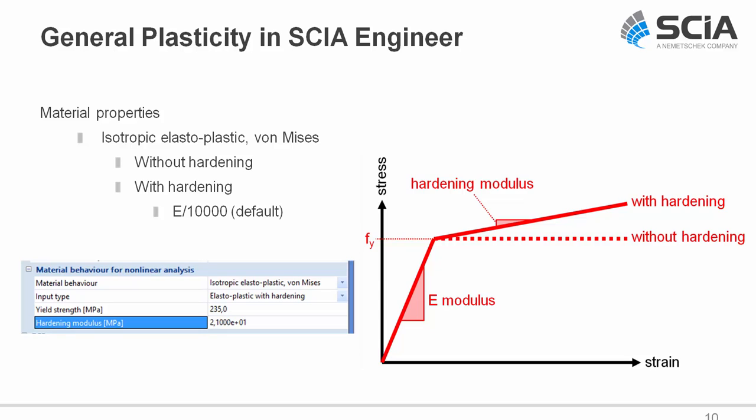If you have a hardening modulus, then the stress can be higher than the yield strength Fy. And by default, the hardening modulus is E divided by 10,000. This is the default value in SCIA. You can change it manually if you want or need it.